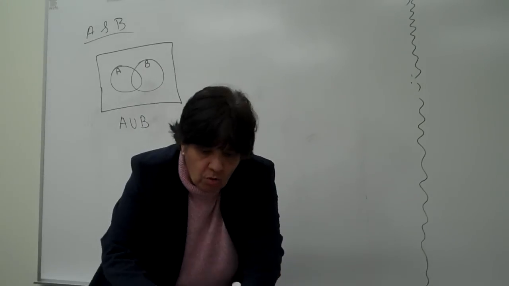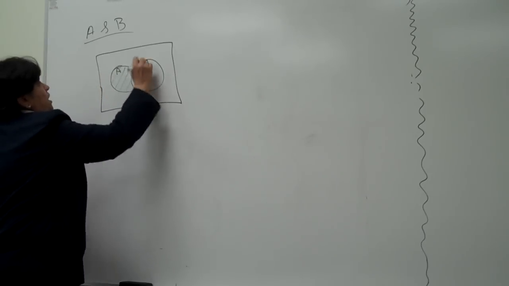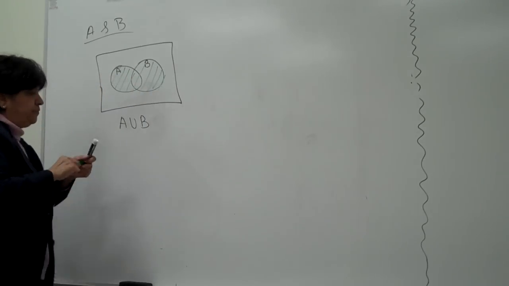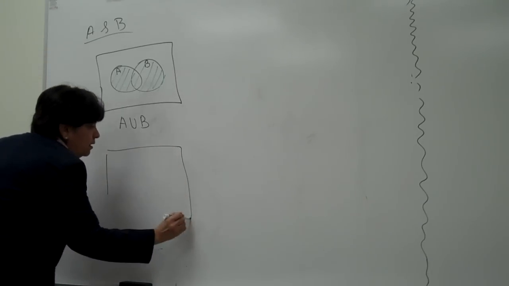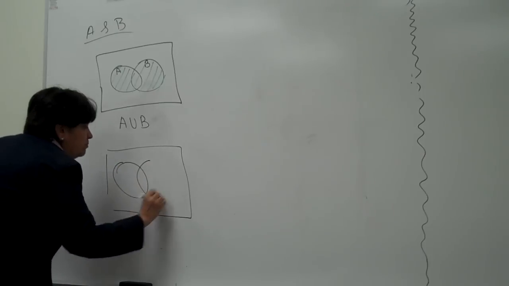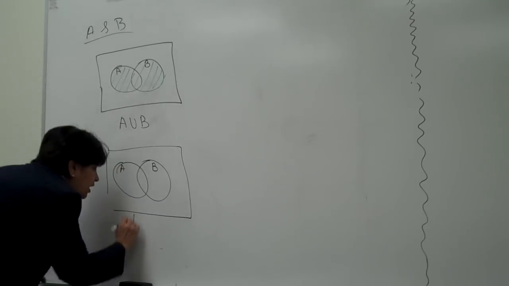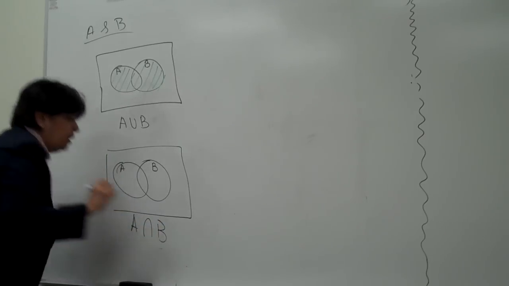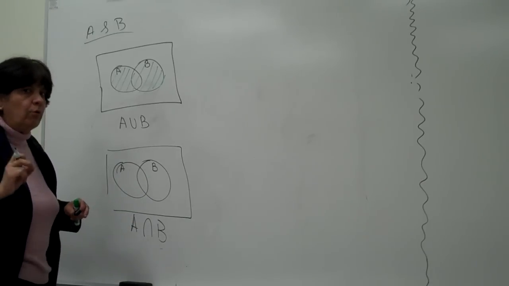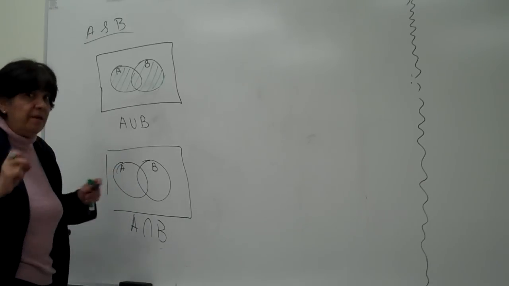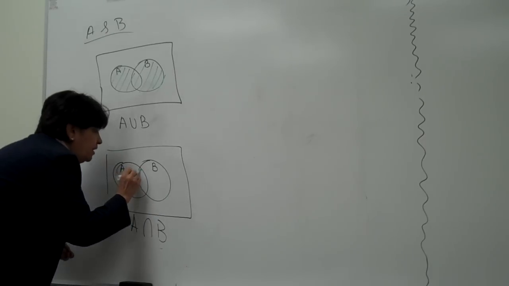If we want to draw it, A union B is this one. Now, we have the same two events, A and B, and we have what is called the intersection, A intersection B. A intersection B are all the sample points that are in A and B at the same time. If I want to draw it, this is A intersection B.